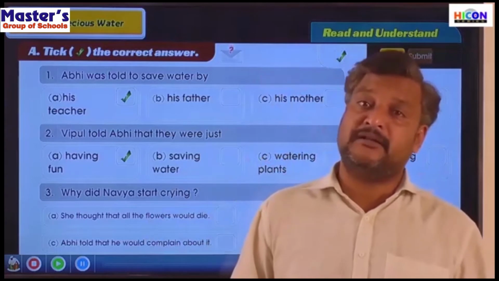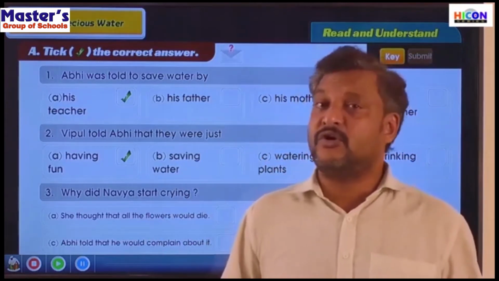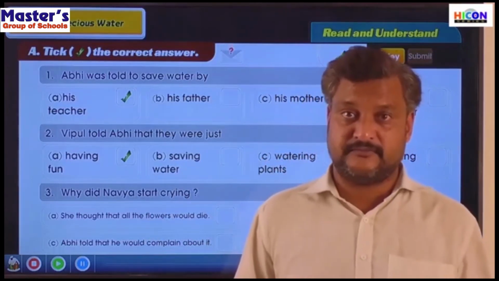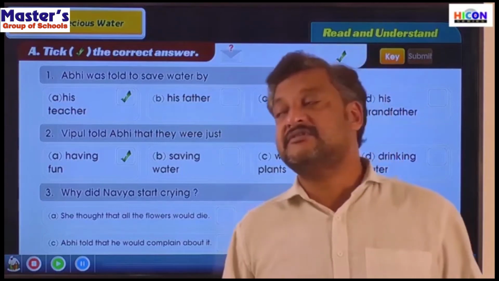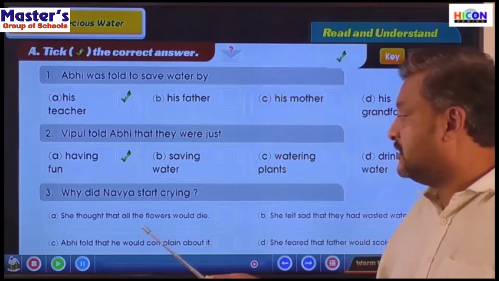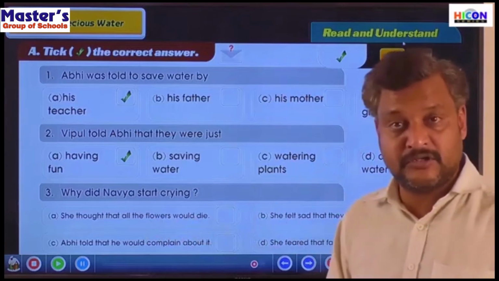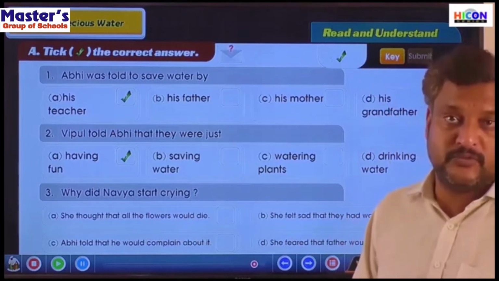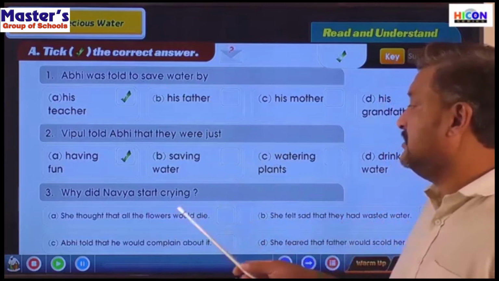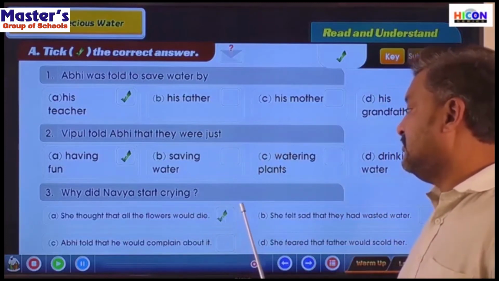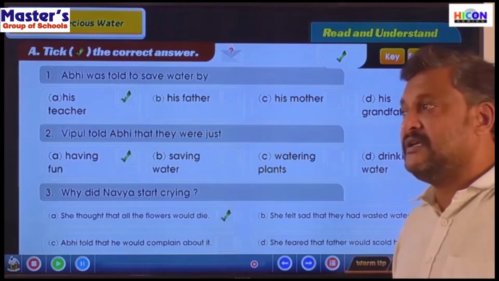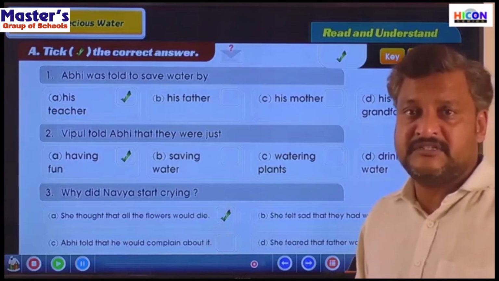If there are no plants, no flowers. If there are no flowers, no butterflies. Okay. So she was sad because the flowers would die because there is no water to water the plants. So what is the answer? The flowers would die. Why? If the flowers die, then butterflies won't come, isn't it?